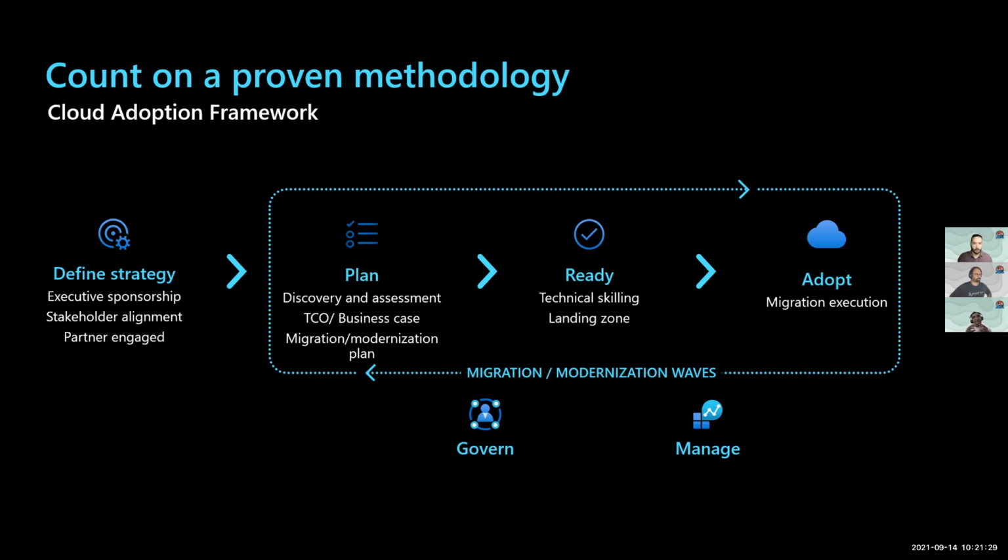So these tools will give you those outputs. Using those outputs and insights, you plan what kind of waves you want to put together, what kind of dependencies are there, what applications can go independently, and what applications have to go together. So all that really comes out of this assessment.